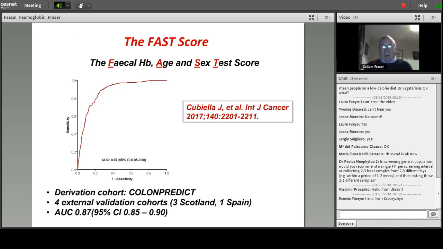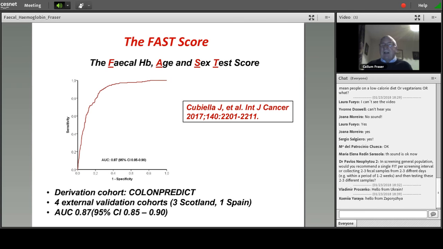The derivation cohort for the FAST score to derive the algorithm was a huge Spanish study called Colon Predict. If you're interested in the Colon Predict study, just put Joaquim Cubiela into PubMed and you will find his very interesting series of papers, including the Colon Predict study, a risk score, but a very complicated risk score in contrast to the FAST score.